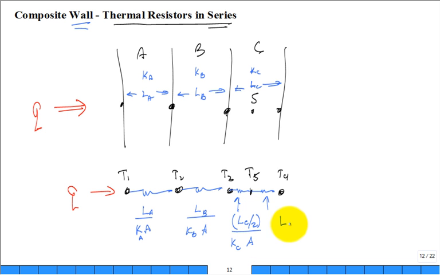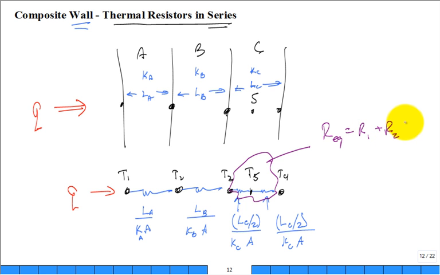And this would be L sub C divided by 2 divided by K_C A. How do I combine two resistors that are in series? R equivalent is equal to R1 plus R2, isn't it? I just add them. And you can see that if I add those, I get L sub C divided by K_C A. Makes sense. So two resistors in series, you can just add them.